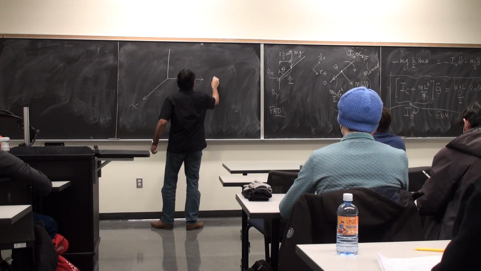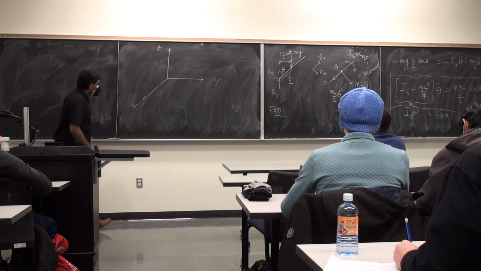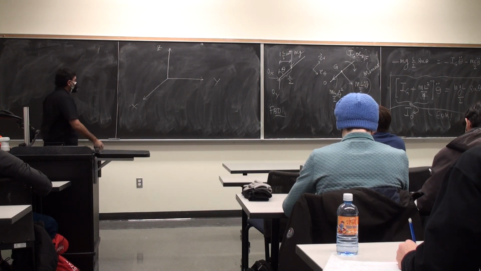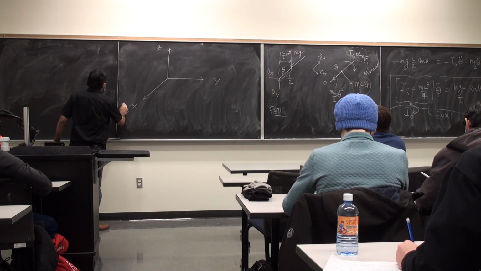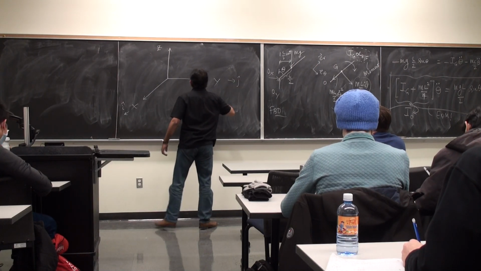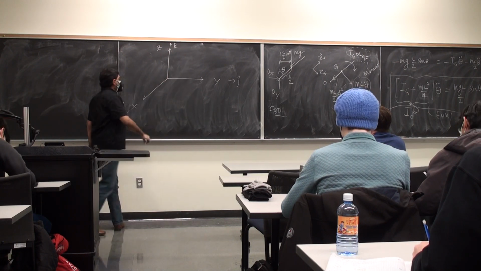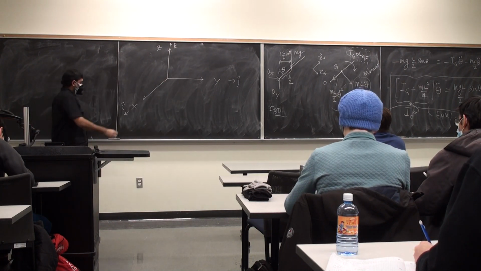x-axis, y, z. This is a fixed frame, so I'm going to call the unit vectors i, j and k. Let's call this frame F1.